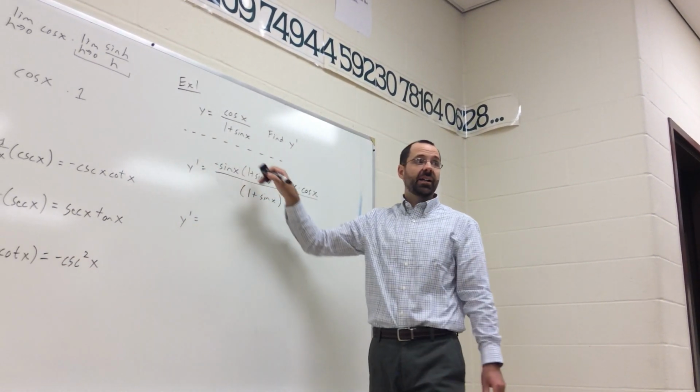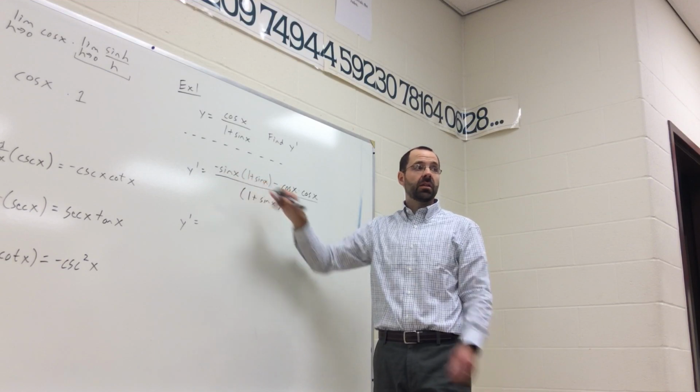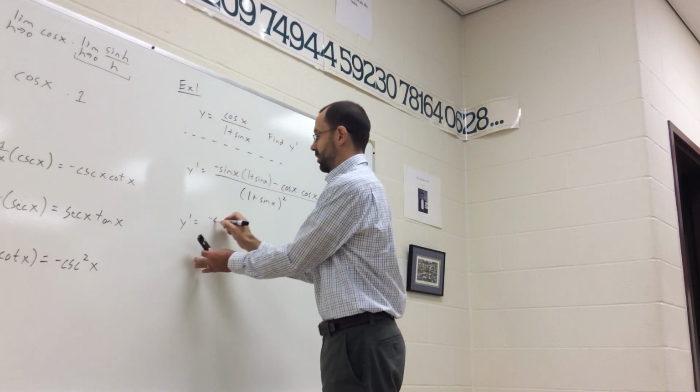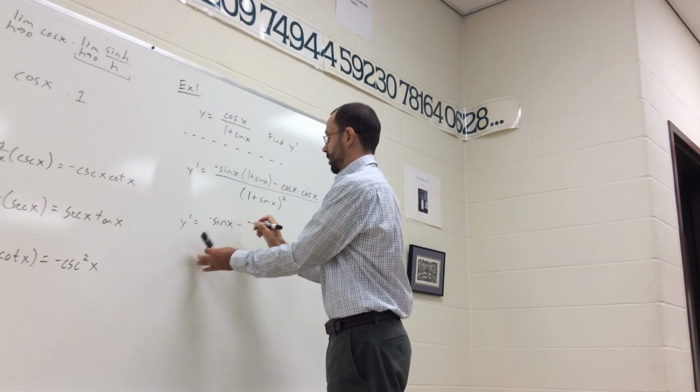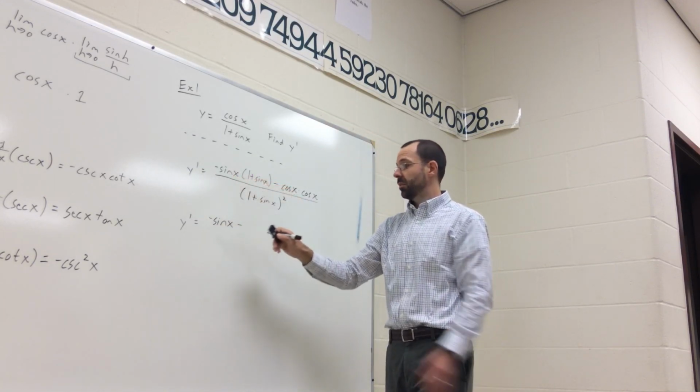I want to take this sine and distribute it. So negative sine of x times 1 is negative sine of x. And then negative sine of x times sine of x is negative sine squared.